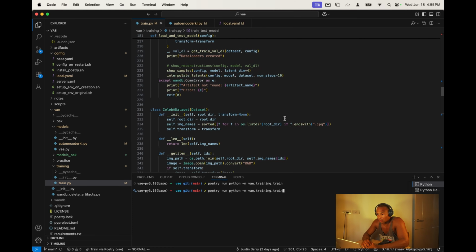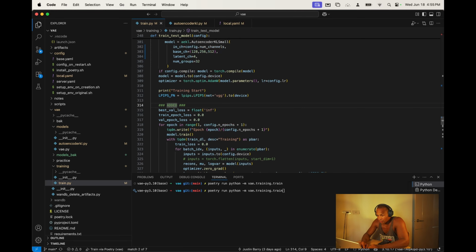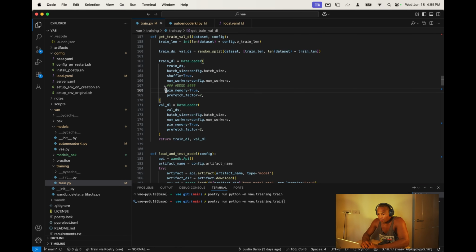So what else did I add? From the last video, I added pin memory. So I added some optimizations. I don't think that I had these in the last video I did. Pin memory, well, I've gone over this before.